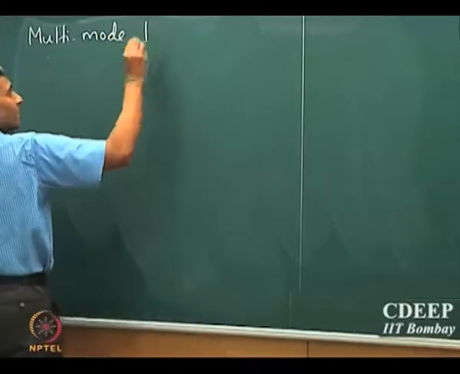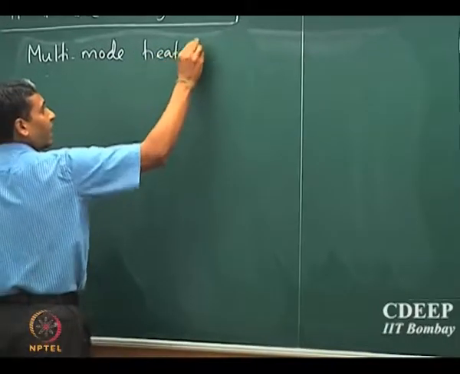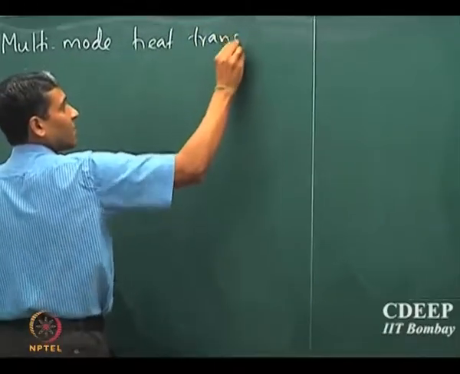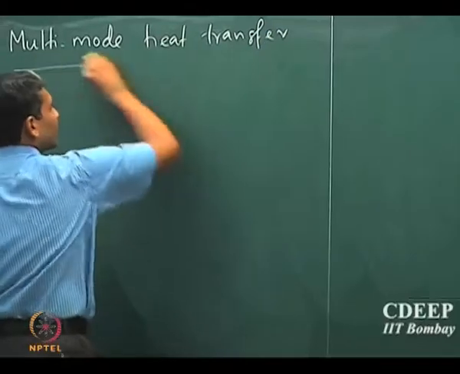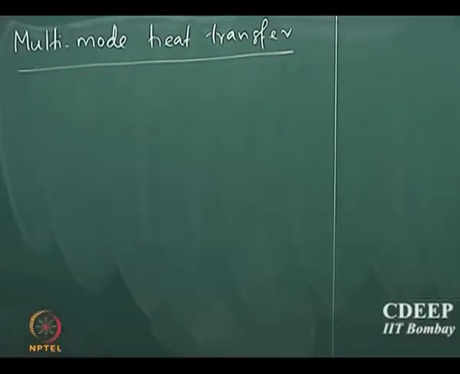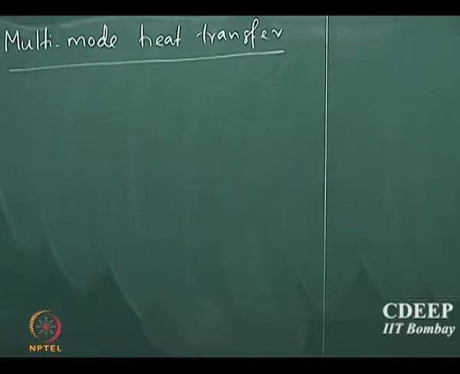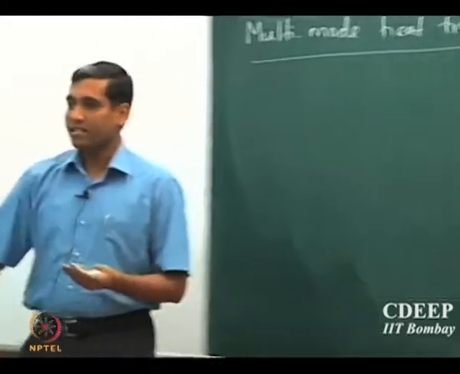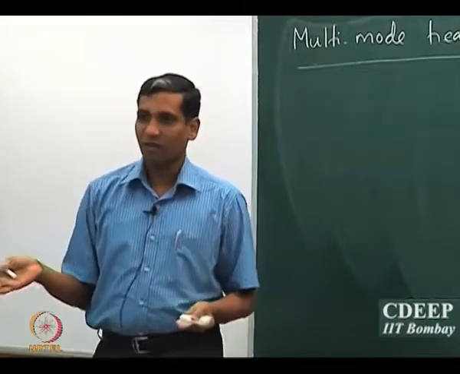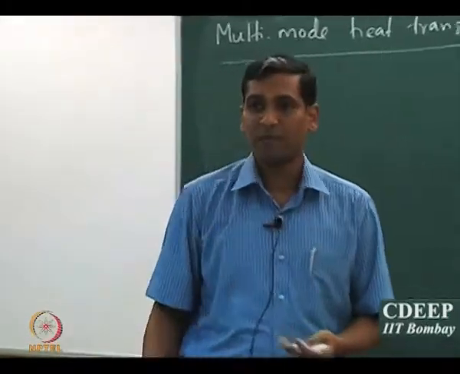Suppose you have radiation and convection and conduction simultaneously. Suppose you have all three processes occurring simultaneously. We have not dealt with convection in detail, but let us assume that you know how to work with convection properties.